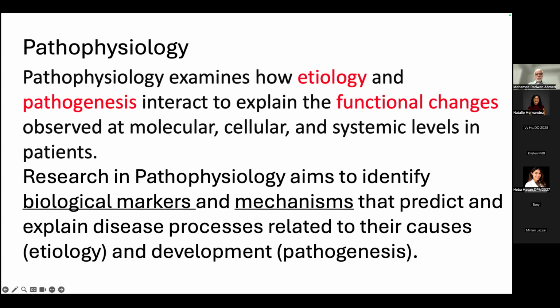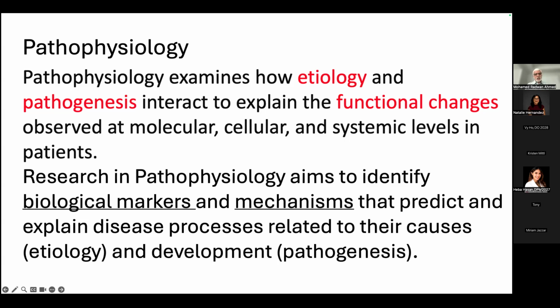So this is what we call pathophysiology, and it is going to be a very important part of your study going forward in medical school, because each disease will have its pathophysiology before you go into symptoms and signs, the clinical manifestations, and then treatment. So you need to know the pathophysiology of each disease.